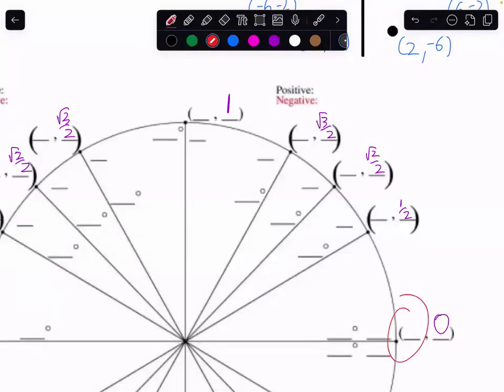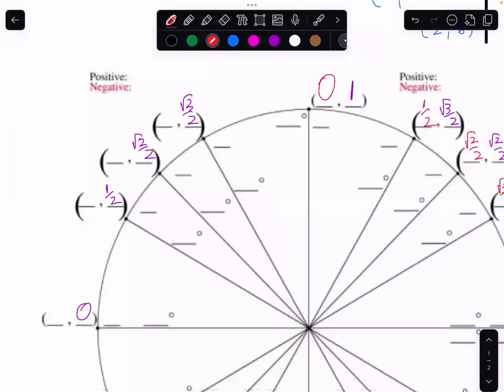So this x coordinate is a full unit to the right. Okay, this x coordinate is a little bit less than positive 1. Okay, so radical 3 over 2. This x coordinate's a little bit less than positive radical 3 over 2, so it'll be radical 2 over 2. This point's a little bit less than radical 2 over 2, so it'll be 1/2. And this point's on the y-axis, so it's 0.